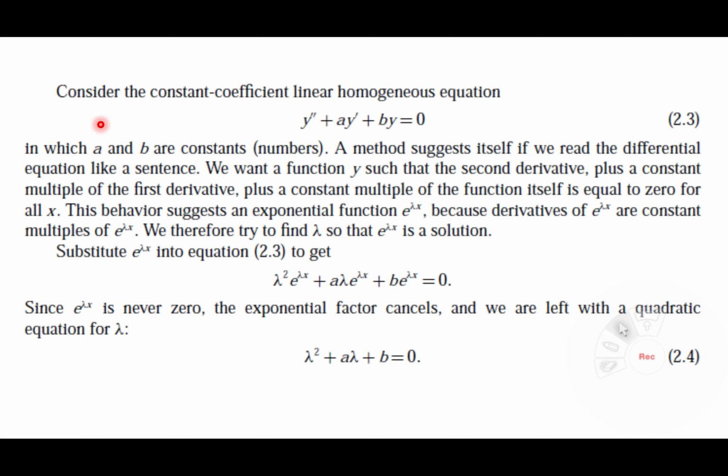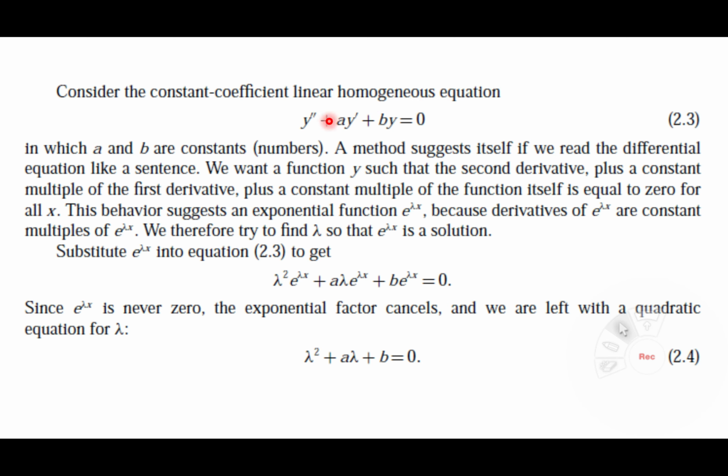So let's consider the constant coefficient linear homogeneous equation that you can see here. It is y double prime plus a y prime plus b times y equal to 0. This is our constant coefficient linear homogeneous equation.